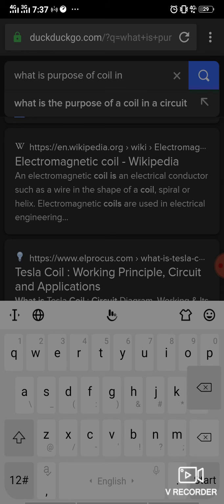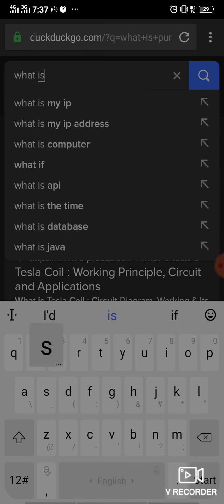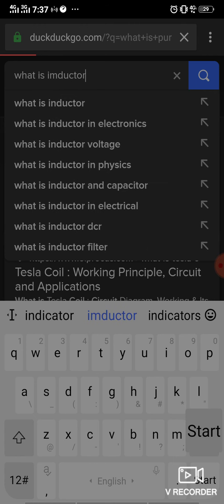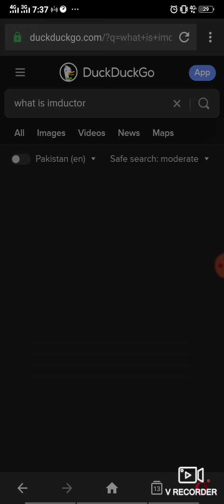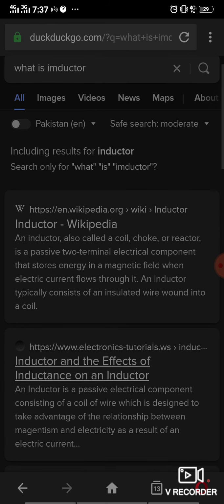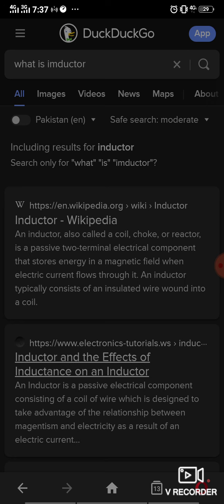So now, what is an inductor? An inductor, also called a coil, choke or reactor, is a passive two-terminal electrical component that stores energy in a magnetic field when electric current flows. An inductor typically consists of an insulated wire wound into a coil.